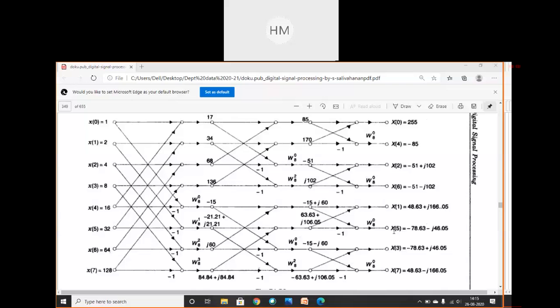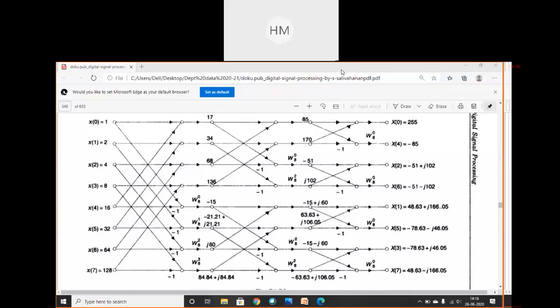Other students. और किस किस के आंसर्स आए हैं बेटा? x4, x2, x6 0 है. बिल्कुल सही. x1 is -5 ठीक है. x7 is -5.828 plus 2.414j.